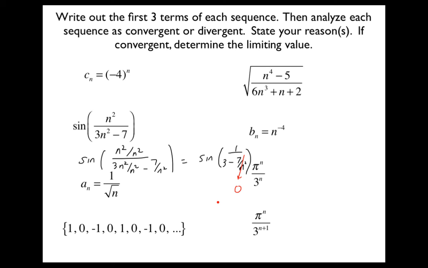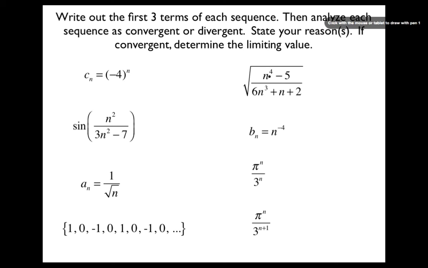Okay, so looking at this one now, up here. Again, we have a rational function, right? So now the degree of the numerator is bigger than the degree of the denominator. What does that mean as n gets really, really big? This n to the 4th is bigger than n cubed.